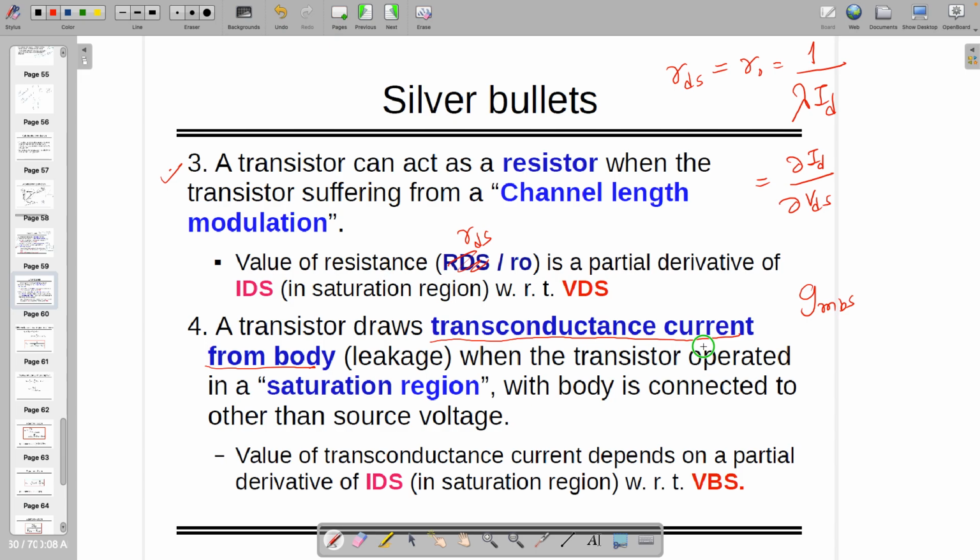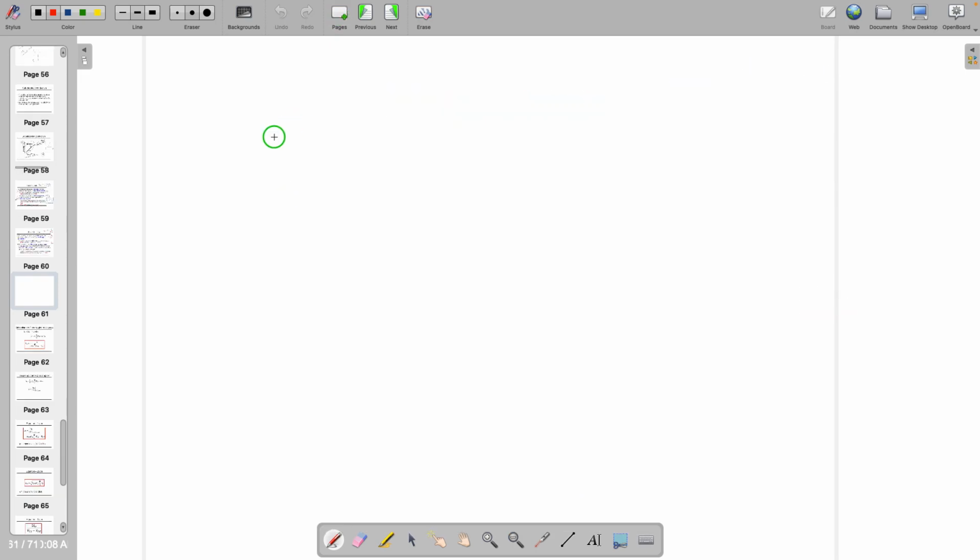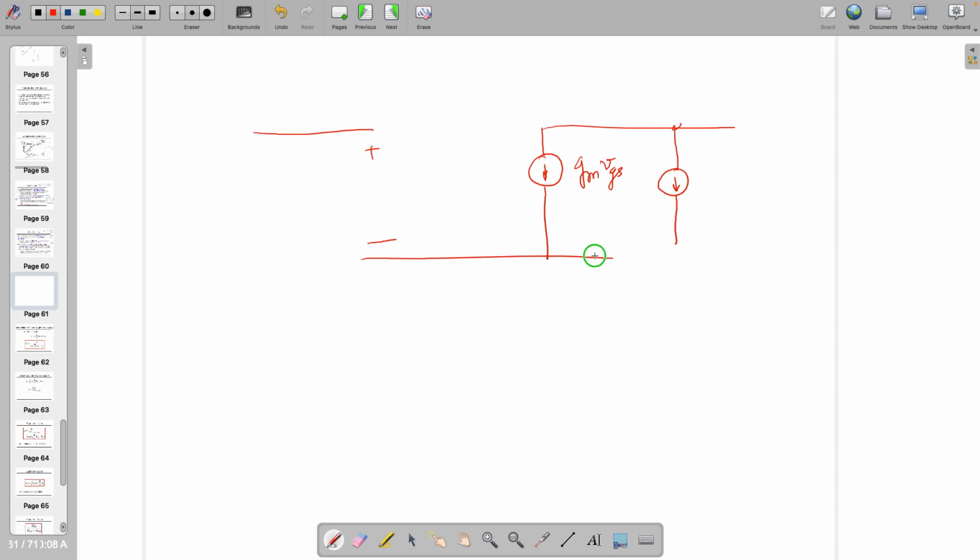So accordingly, you have to follow the small signal model. The actual small signal model, including body effect and channel length modulation, is as follows, right?